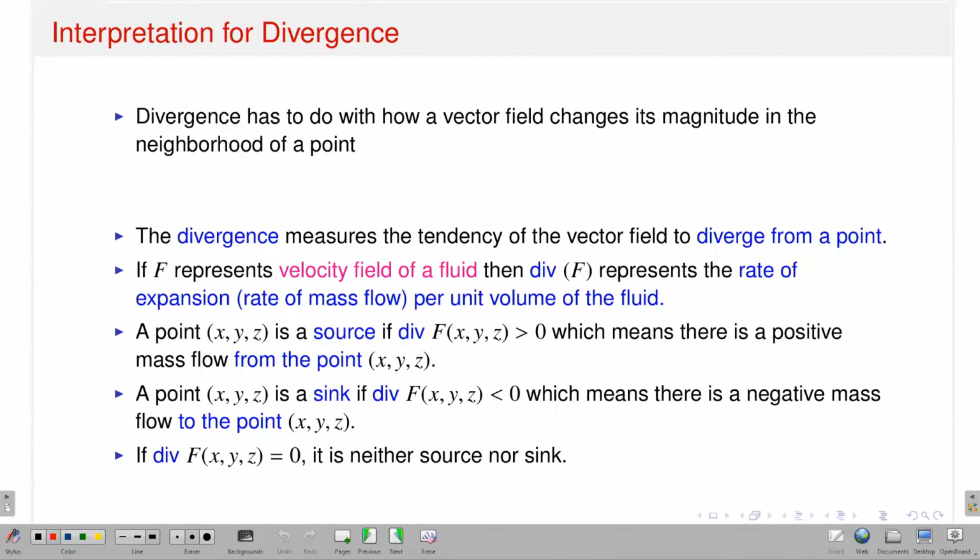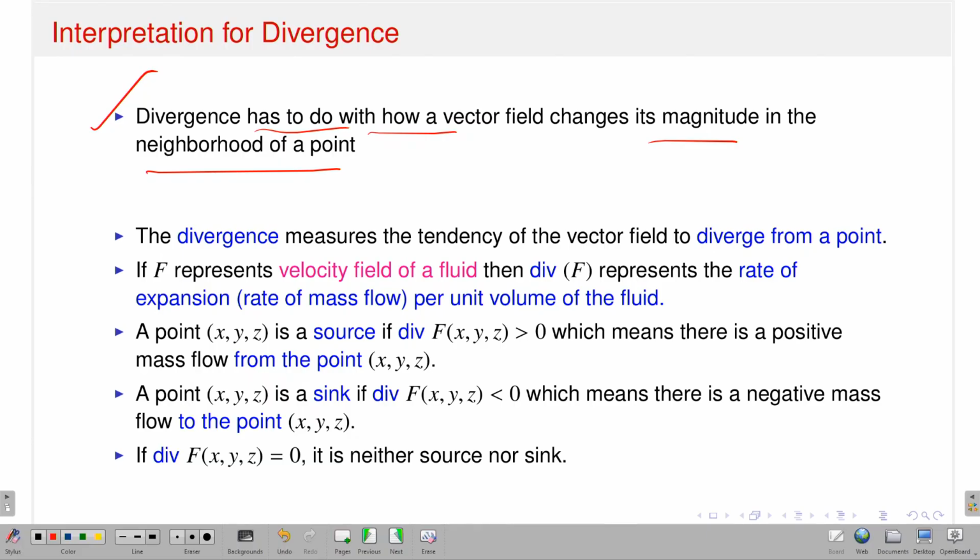Some interpretations of divergence, what is that? Divergence has to do with how a vector field changes its magnitude in the neighborhood of a point.